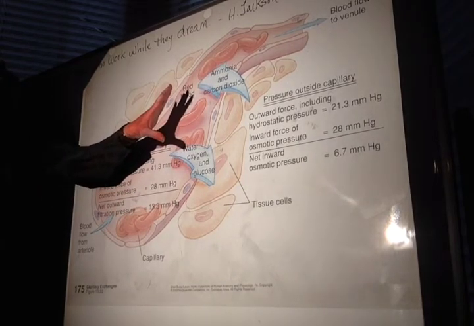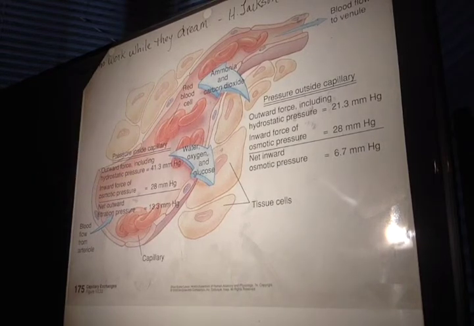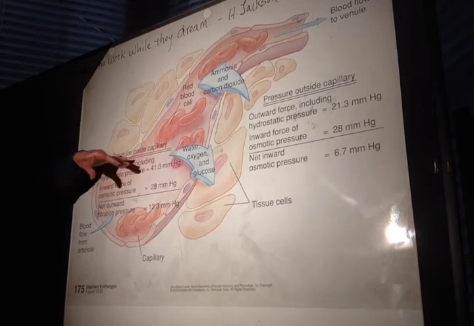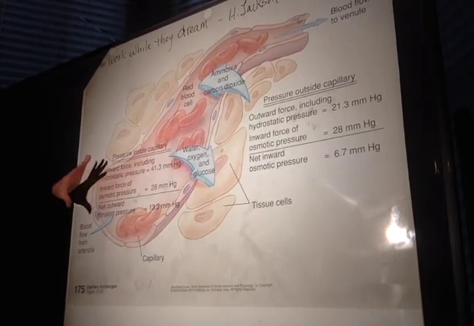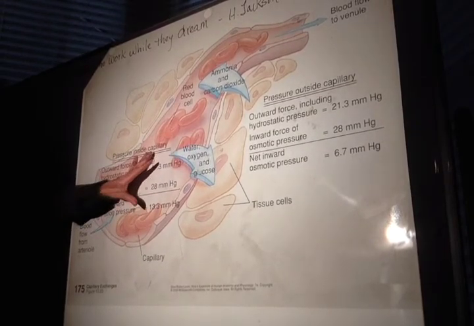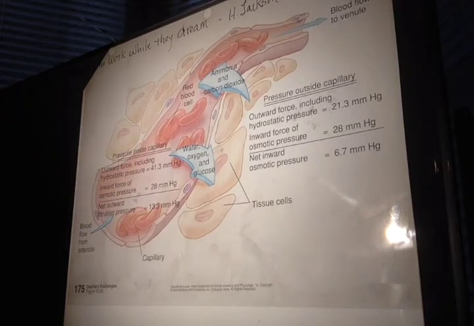Make sense? So there's going to be a little bit of pressure here just because there's blood coming along behind this other blood. That pressure is called hydrostatic pressure. Hydrostatic from the water in the blood.